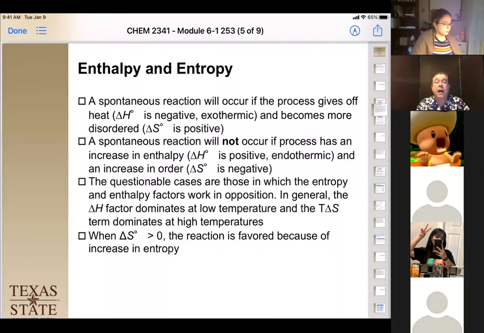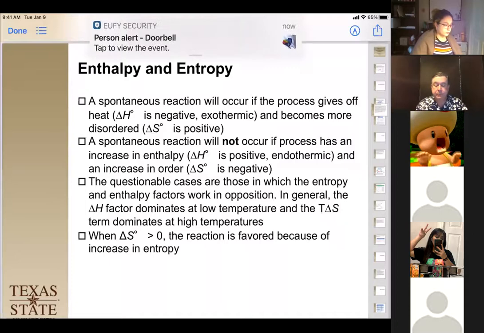With temperatures above 500 Kelvin, we have to start thinking about the entropy component, because the entropy component is multiplied times the temperature. So even though the entropy component is small, by multiplying it times the temperature, you can actually start to dominate the reaction by that change in entropy.